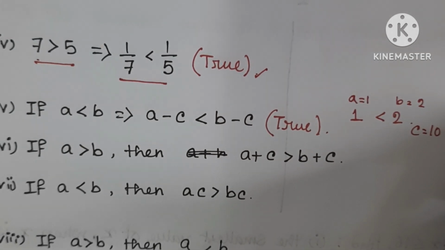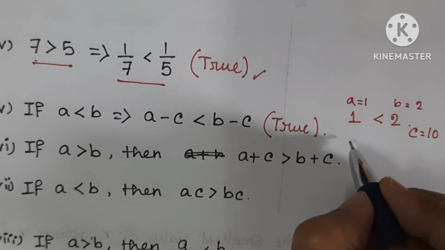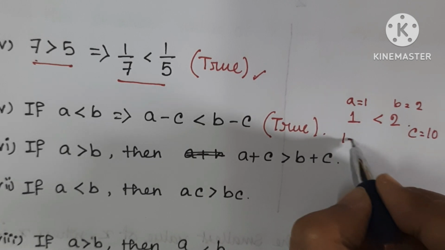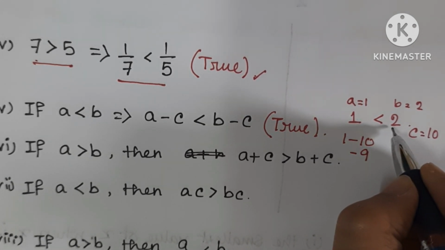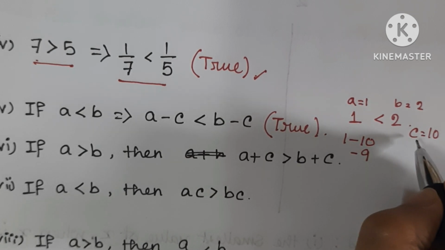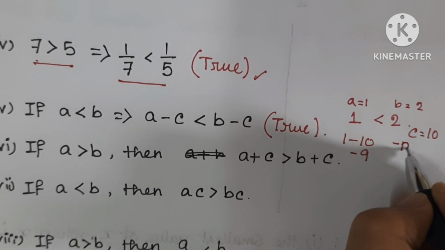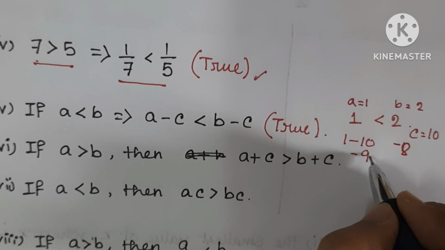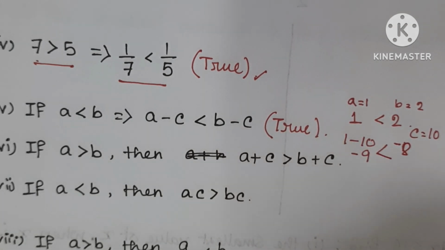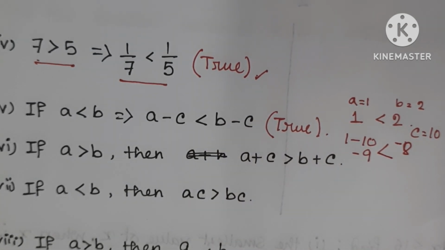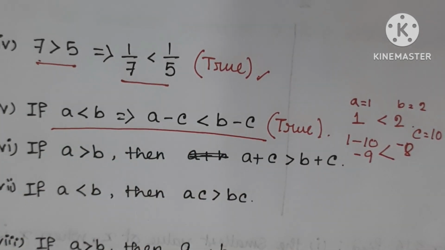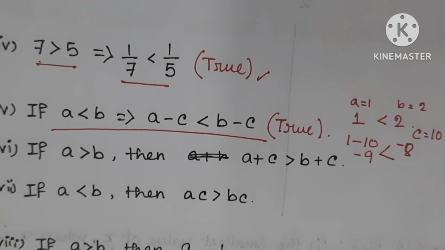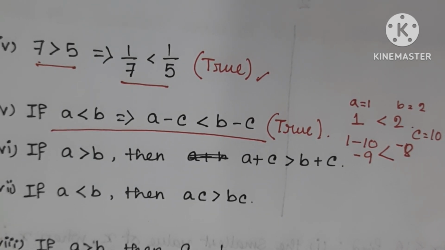Then this will be 1 minus 10, that means minus 9, and this will be 2 minus 10, that will be minus 8. So minus 9 is less than minus 8. Understood? So this relation is true in case of any real number.